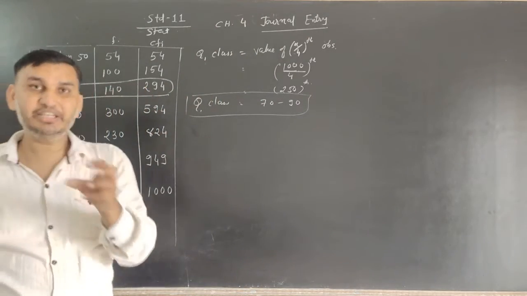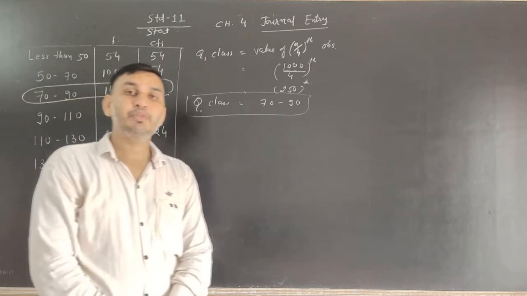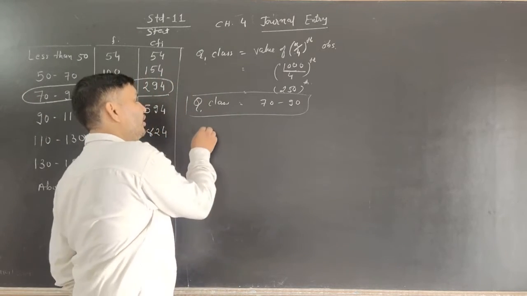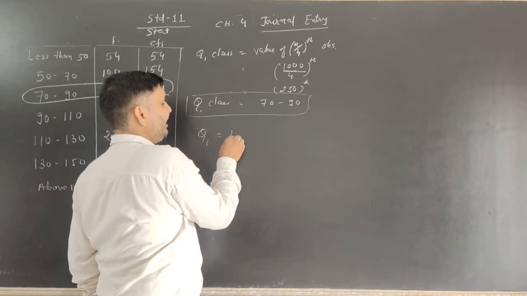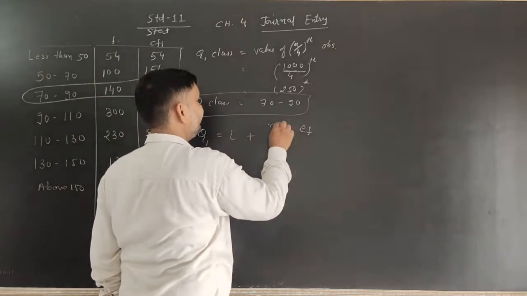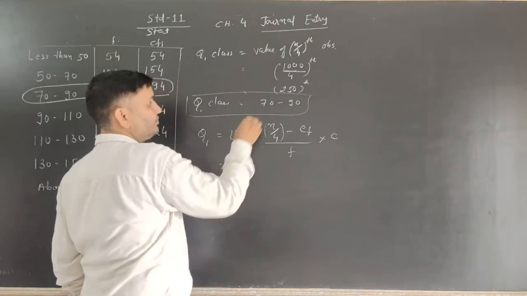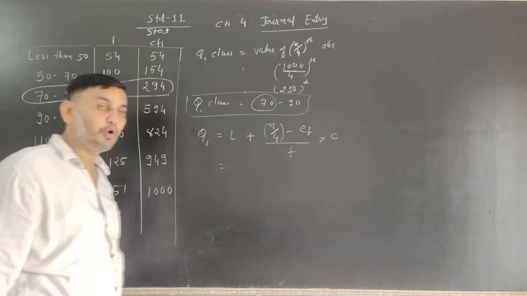Now we find the value of the first quartile. The formula for Q1 is L plus n by 4 minus CF divided by f, into c. L is the lower boundary point.